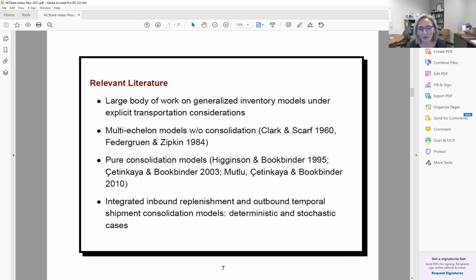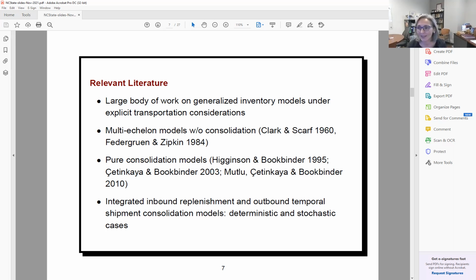The second line of related work is the traditional multi-echelon inventory models without consolidation, because the traditional multi-echelon inventory theory really does not consider consolidation efforts, simply assumes that all demands must be satisfied immediately. The third line of work that is related to my presentation today is pure consolidation policies.